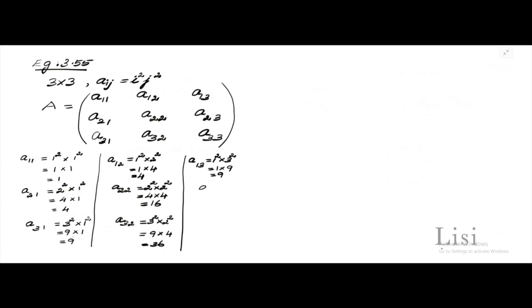And next, A23 is equal to i is 2, so 2 square into j is 3, so 3 square, which is equal to 2 to the 4 into 3 3s are 9, so that is equal to 36.